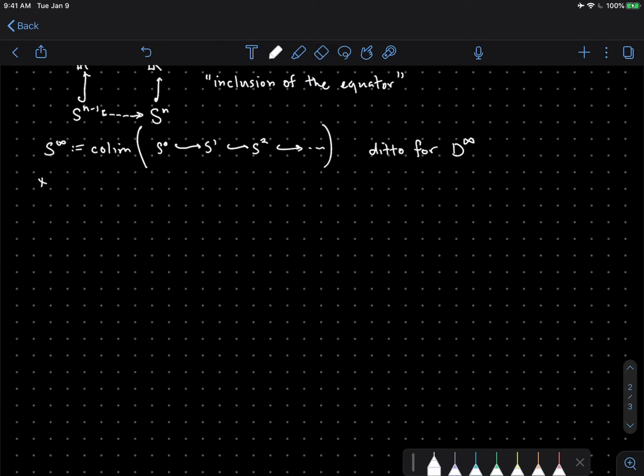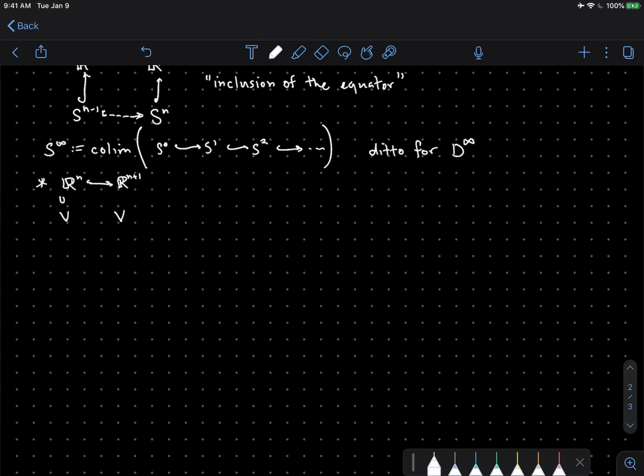Okay, so now we can make things a little bit more interesting, which is to see that this inclusion of Rn into Rn plus 1 takes any one-dimensional subspace to another one-dimensional subspace. And in fact, it's essentially the same subspace, just with the 0 in that coordinate.